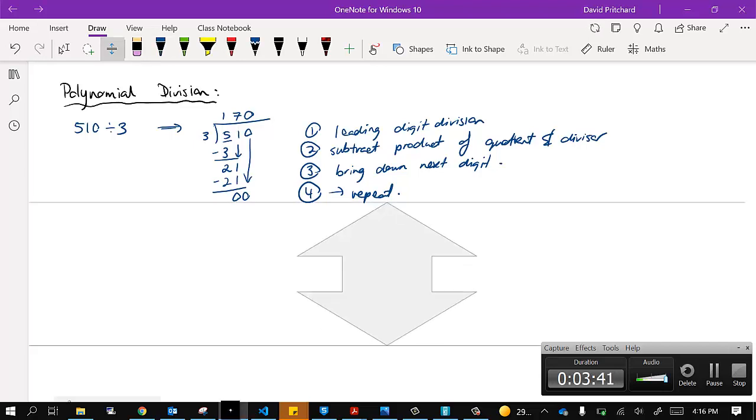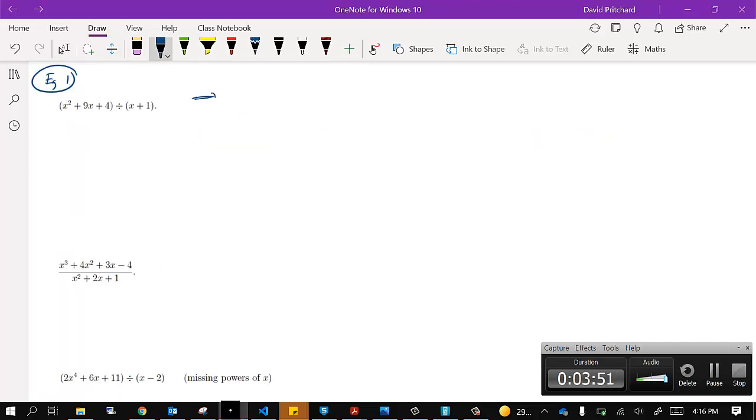Now, we hijack that, and when we're looking at polynomial division, we use the exact same approach. So we'll look at a couple of examples. This first example, we're looking at a quadratic, x squared plus 9x plus 4, and we're dividing by x plus 1. We're going to stick with the leading digit thing, so we start by looking at x squared divided by x. So x squared divided by x is x.